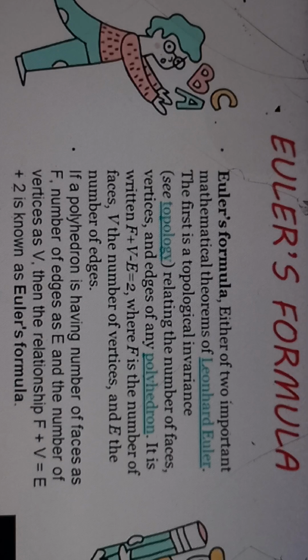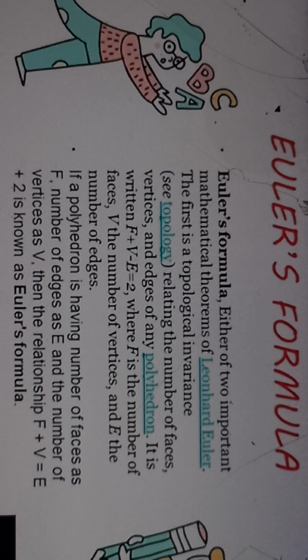Euler's formula. Euler's formula is either of two important mathematical theorems of Leonhard Euler. The first is the topological invariance, or topology, relating the number of faces, vertices, and edges of any polyhedron.